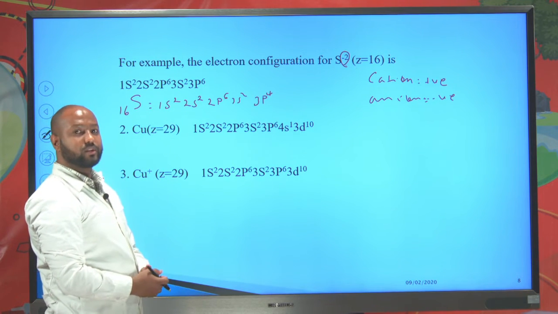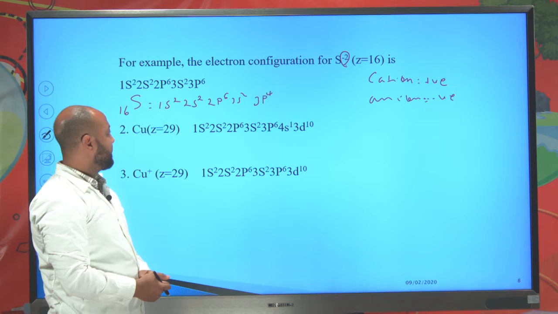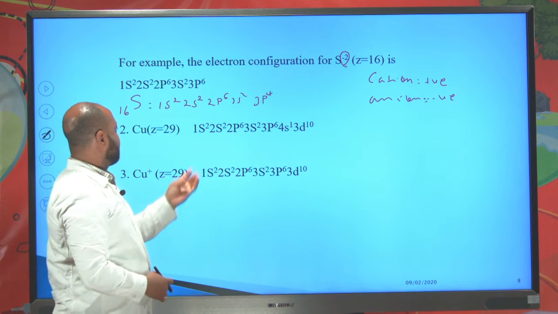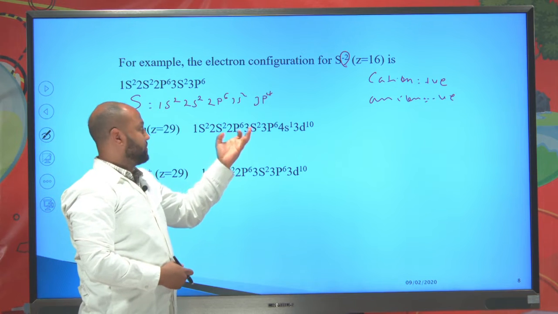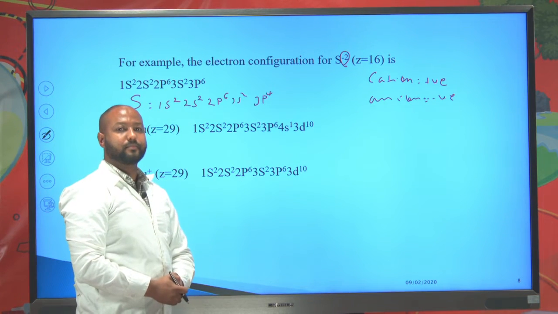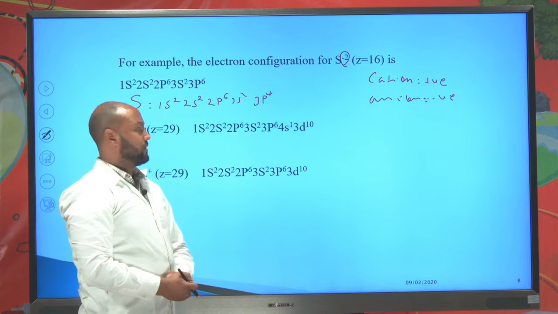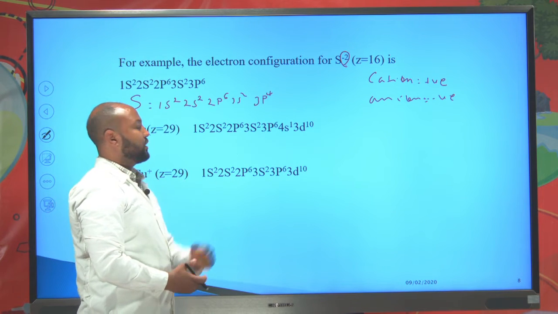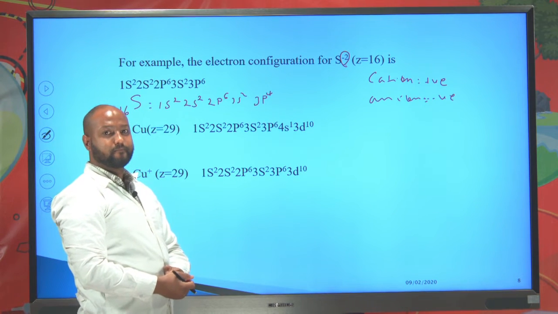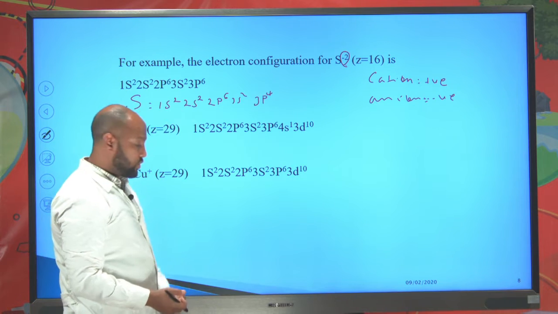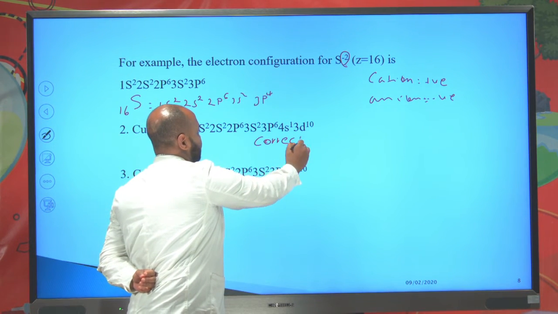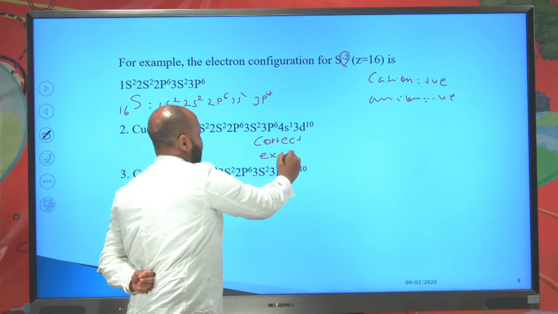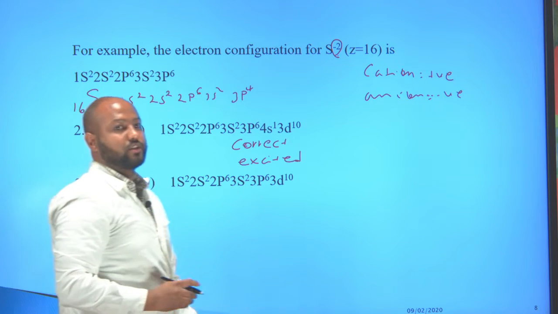Copper with atomic number 29. For copper, atomic number 29, the electron configuration becomes like this. This one is known as the excited or the correct electron configuration. Why?